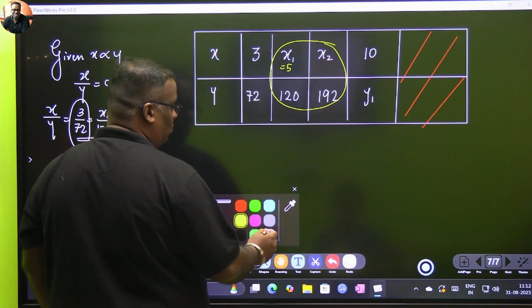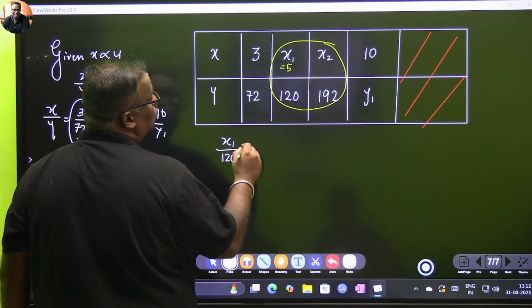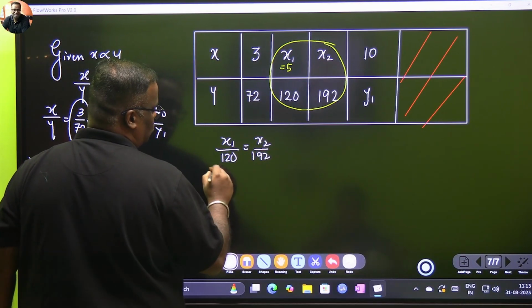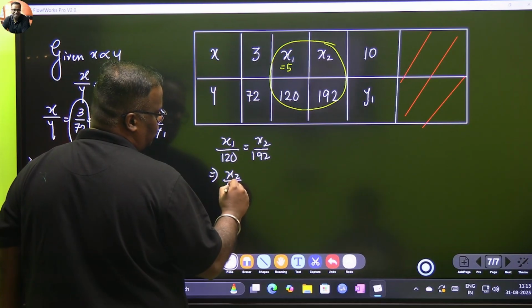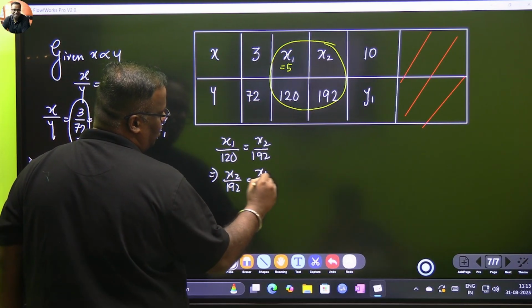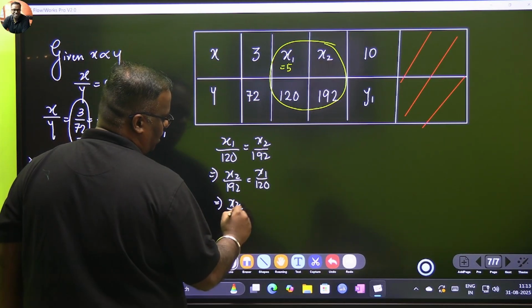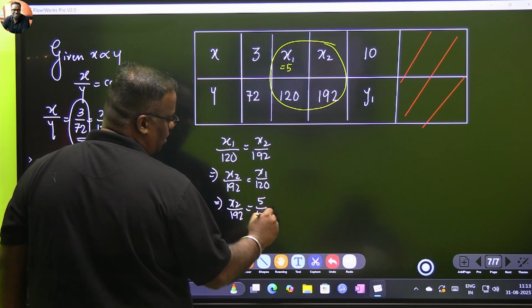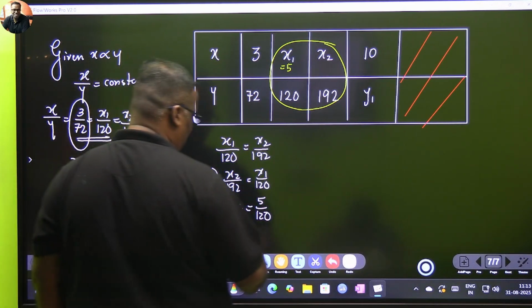So what will we do? We can now write X1 by 120 should be equal to X2 by 192. X1's value you know, so you can write X2 by 192 is equal to X1 by 120, or X2 by 192 is equal to 5 by 120. Thereafter you can solve it. You can find X2. So let's see what is the value of X2.